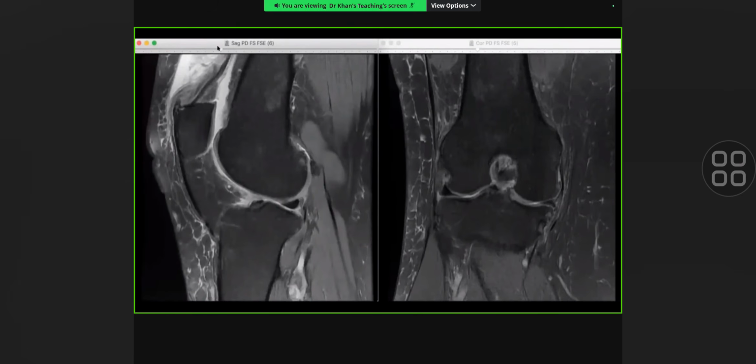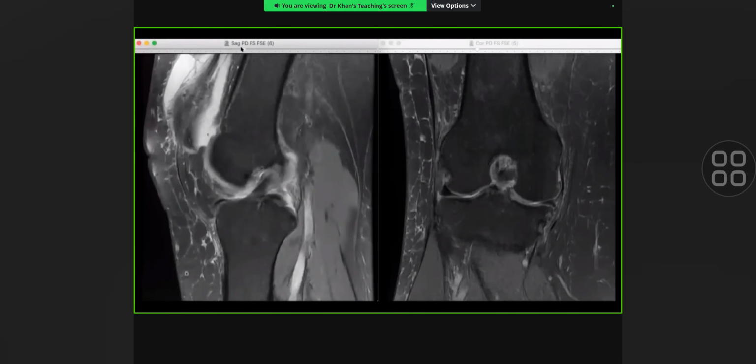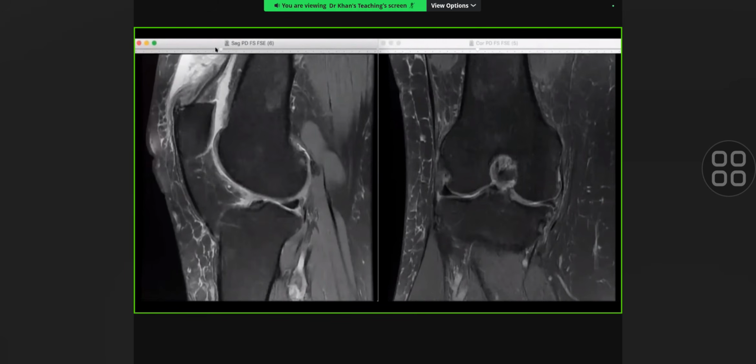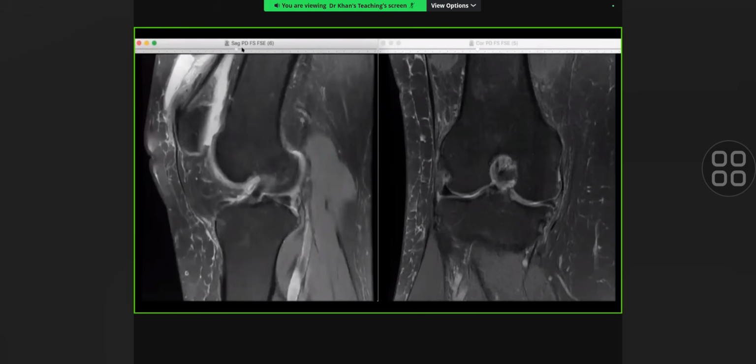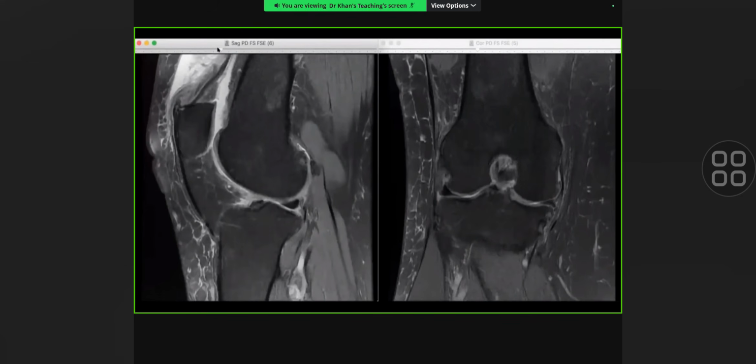The quadriceps tendon is abnormal, and there appears to be a tear in the muscle with a large joint effusion. Just look at the patella. There's no bone marrow edema of the patella.